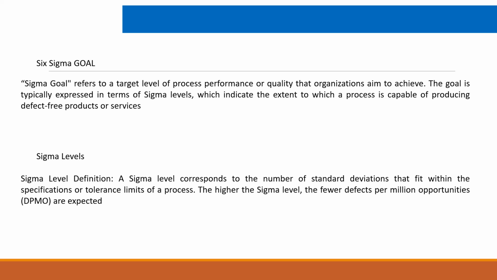DPMO stands for defects per million opportunities, and DPO is defects per opportunity. We'll discuss in detail, and we will also learn how we calculate DPMO and DPO.